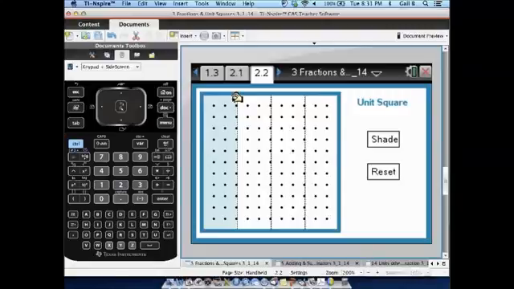One could partition the square up into vertical strips like so. The shading doesn't have to be contiguous, so I could shade 2/4 of the square in this way. And so what that opens up is a variety of representations of fractions.